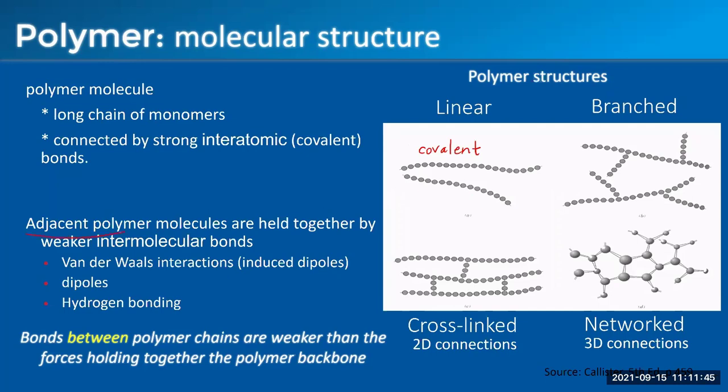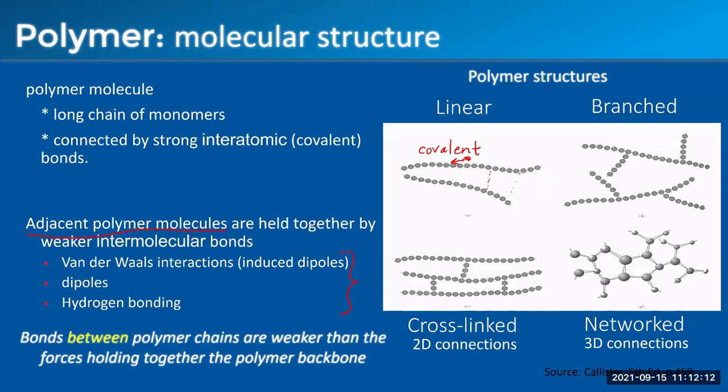Adjacent polymer molecules, because you always have more than one polymer molecule, typically are not held together by primary bonds. They're typically held together by secondary bonds, such as the ones that you see here. So in a linear or branched polymer, we have covalent bonds holding the backbone chain together.